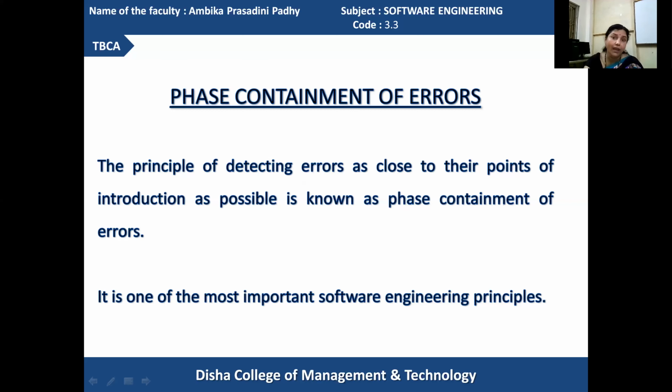The problem of a previously executed phase can be identified, corrected, and we can go forward if we have the facility of phase containment of errors. This is a very important software engineering principle.